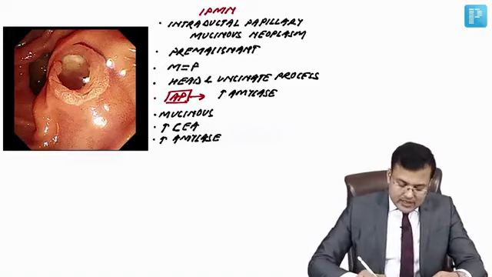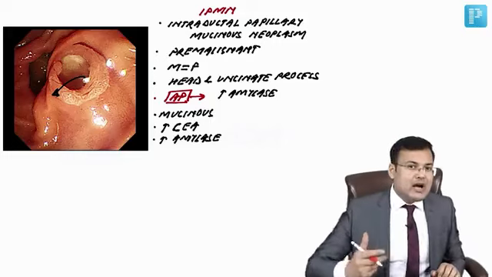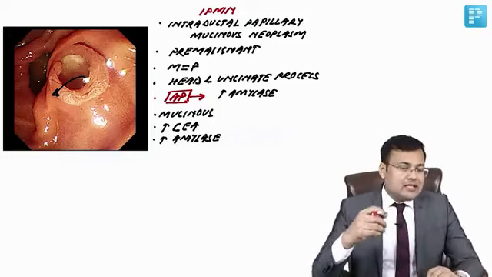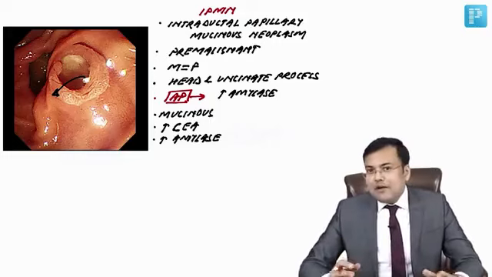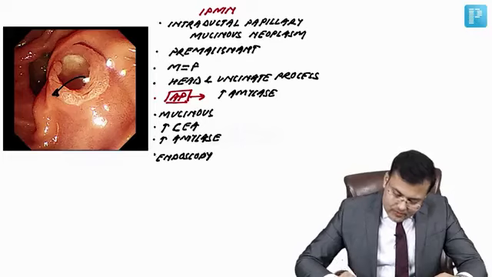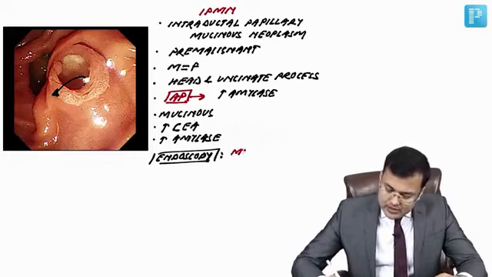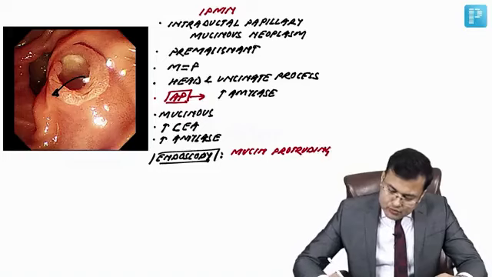Here you can see there is protrusion of mucin from the ampulla, and this is known as mucin protruding from fish mouth opening. On endoscopy, the characteristic appearance is mucin protruding from fish mouth opening.